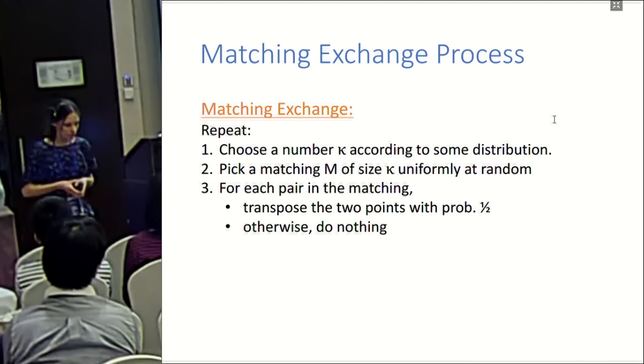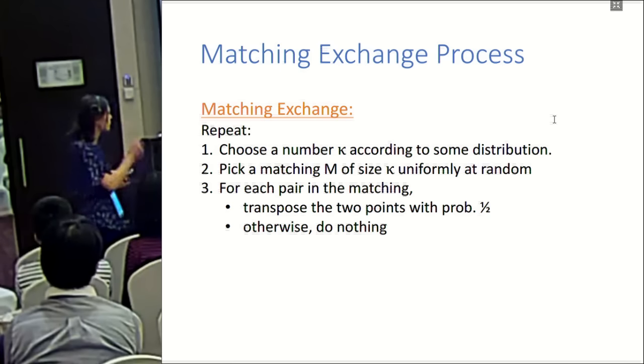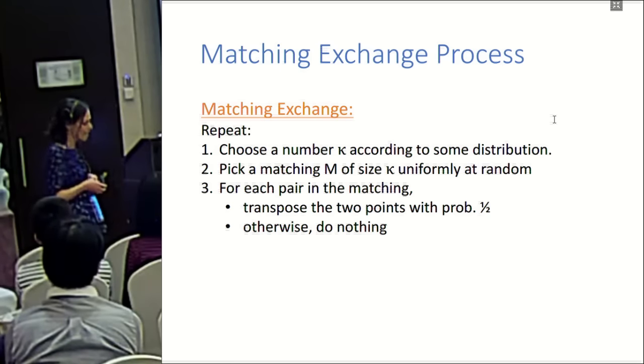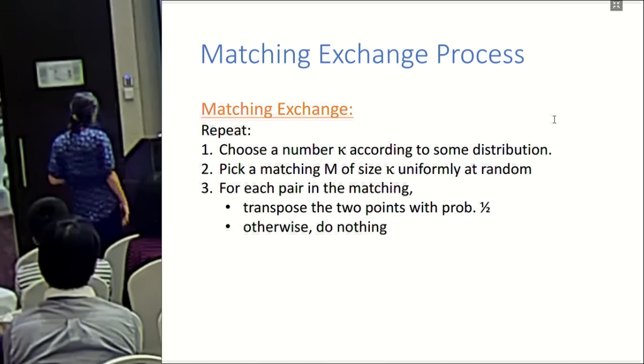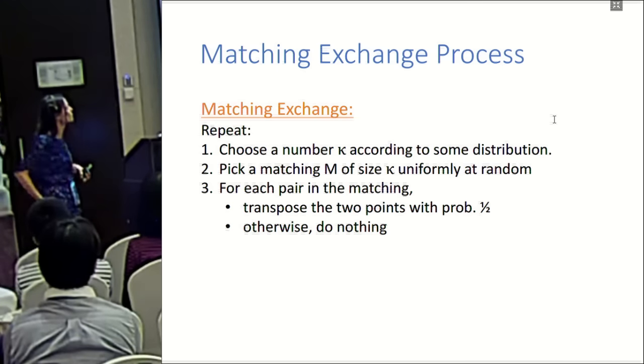OK, so a matching exchange process works as follows. You begin by choosing a number kappa according to some distribution. Then you pick a matching of size kappa uniformly at random. And then for each pair in the matching, you're going to transpose the 2 points with probability 1/2 and otherwise do nothing. And this is where that bit flip in our algorithm comes into play. So it's pretty straightforward to see that our algorithm is a matching exchange process.